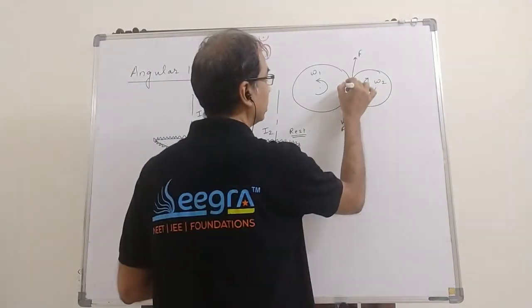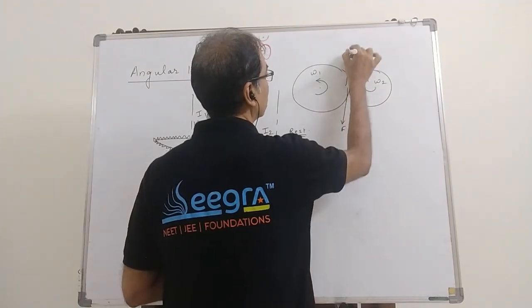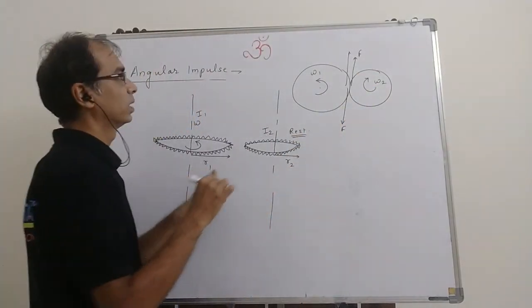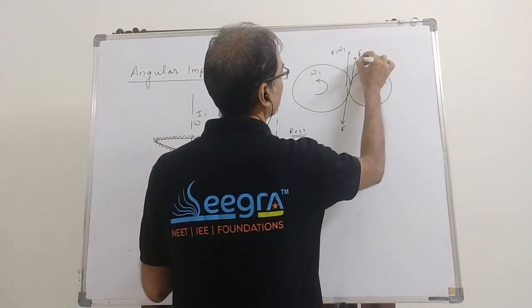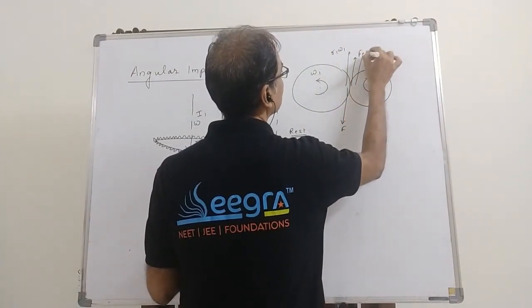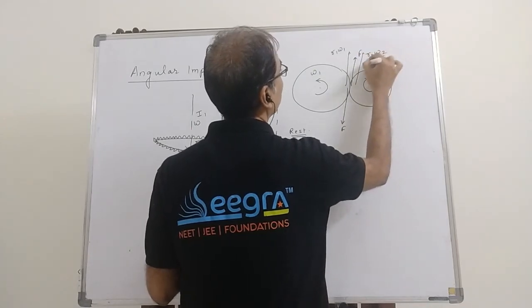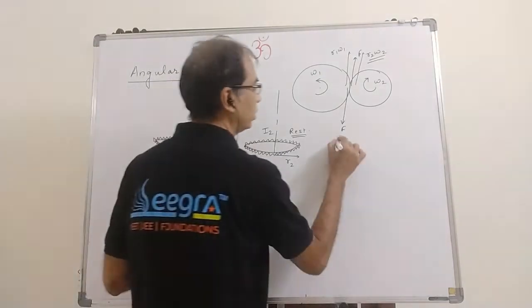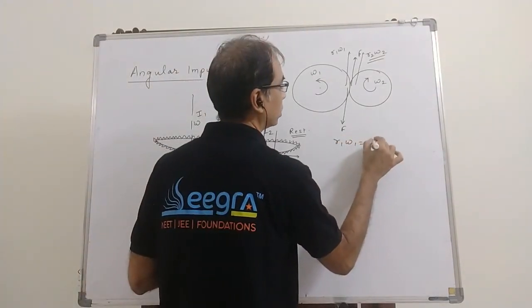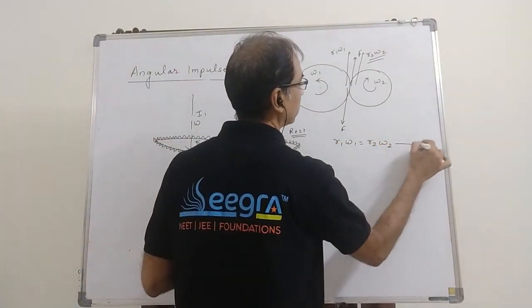So the speed of this point will be what? This radius we have taken r1. So this will be r1 omega 1 and this will be r2 omega 2. Yes or no? Right? So r1 omega 1 equal to r2 omega 2. This is our first equation.